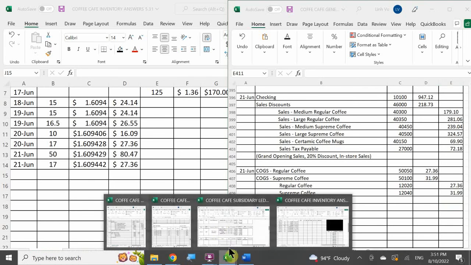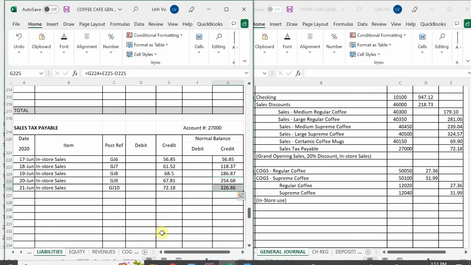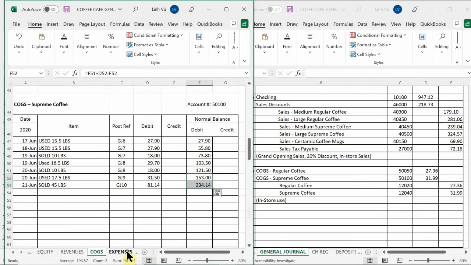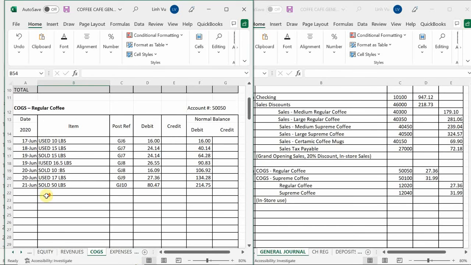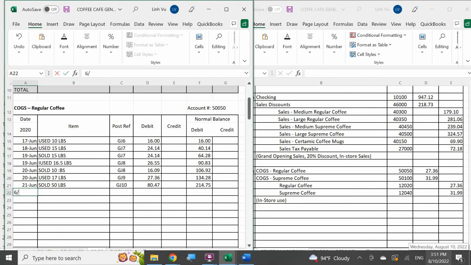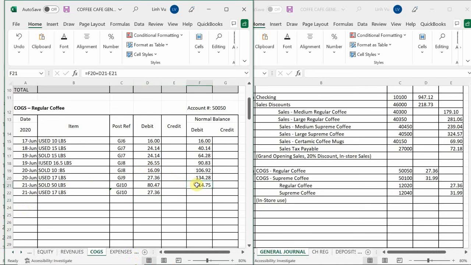Good. And so now I have a balance of 242.11.